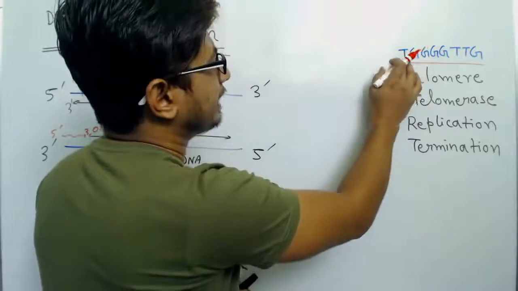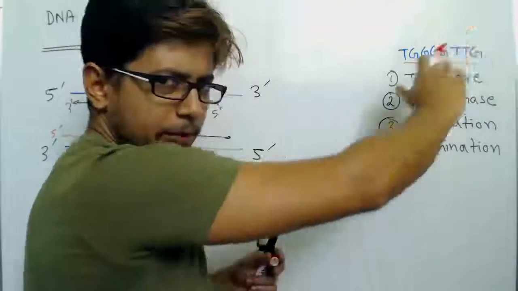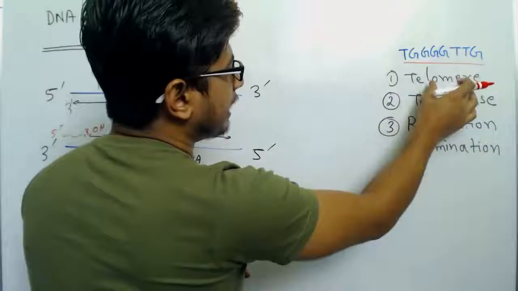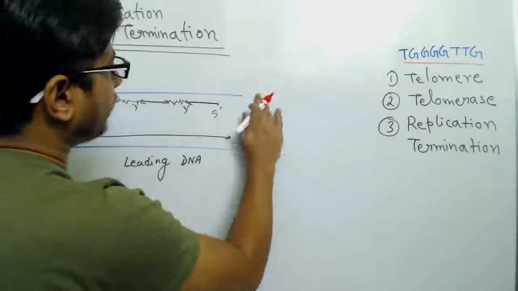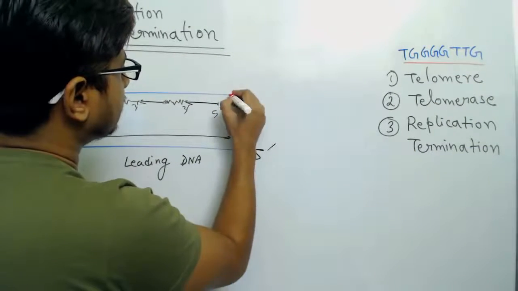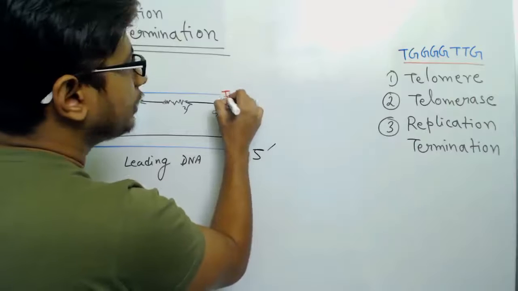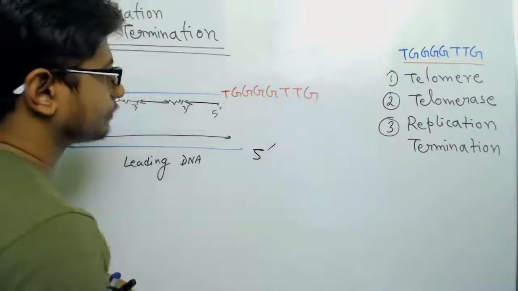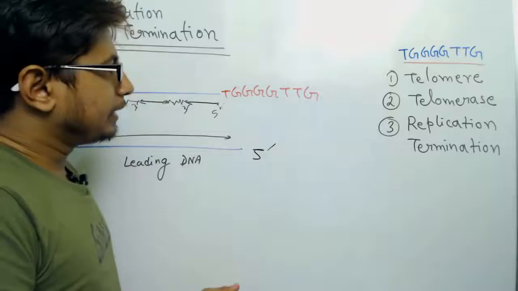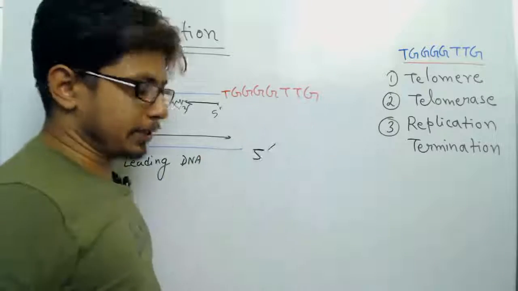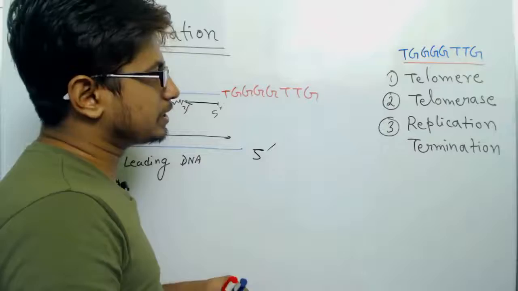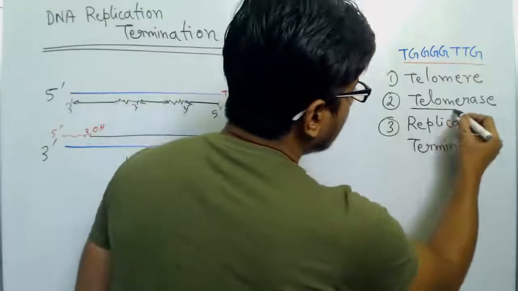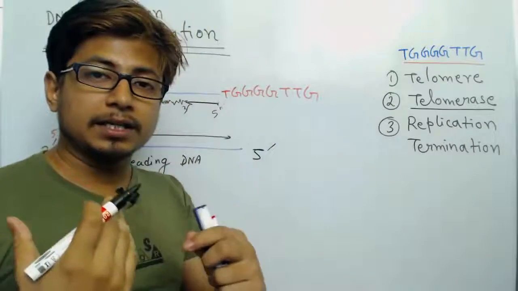So you see somewhat like T, G, G, G, G, T, T, G sequence like that. This is a kind of end sequence of the telomere. So let me draw here the end sequence T, G, G, G, G, T, T, G. Okay. Now as this is the telomere sequence, to bind with that sequence, telomerase serves as the template.